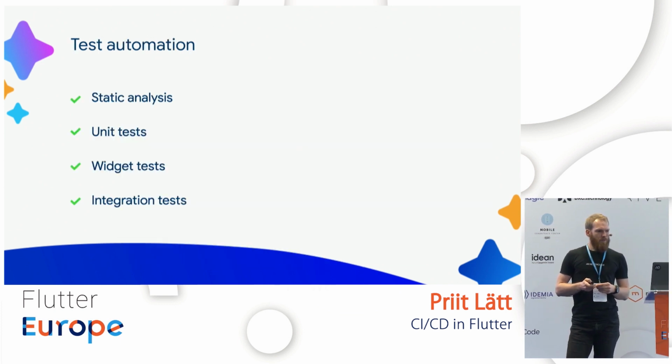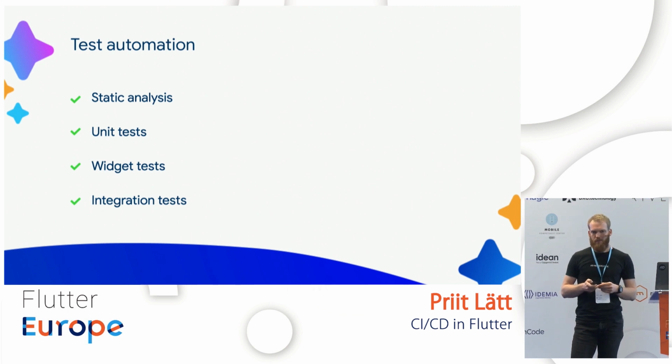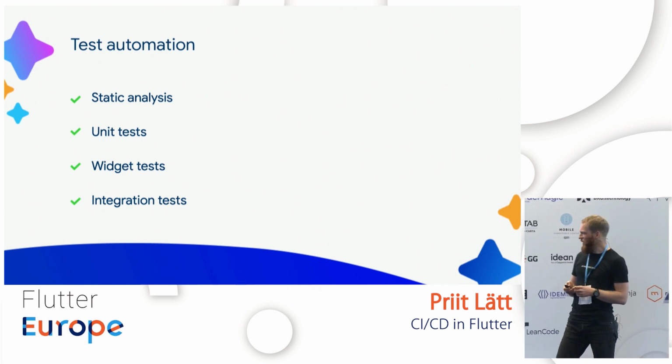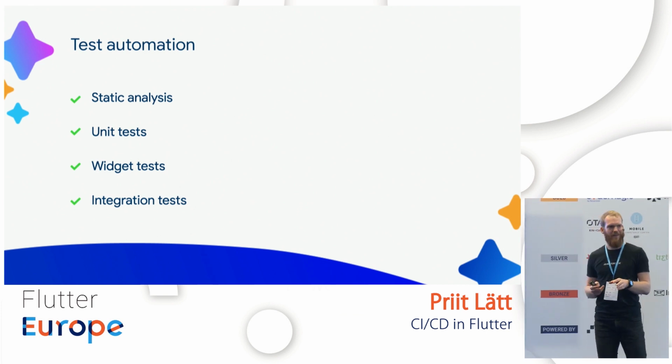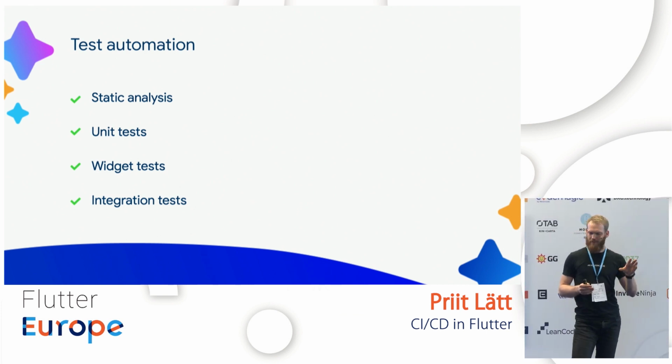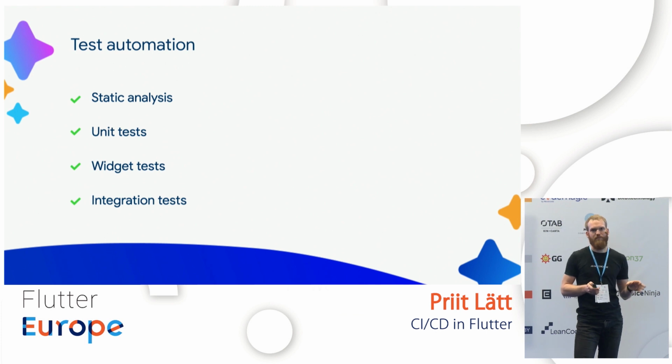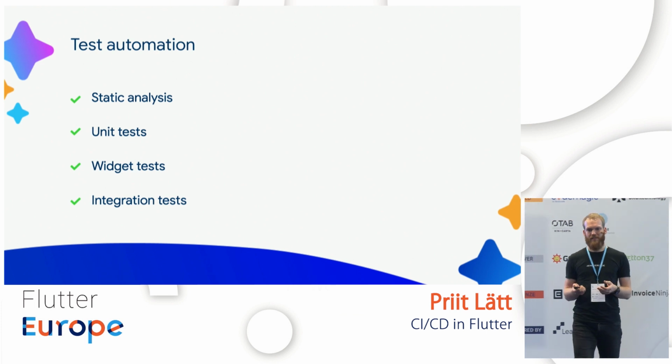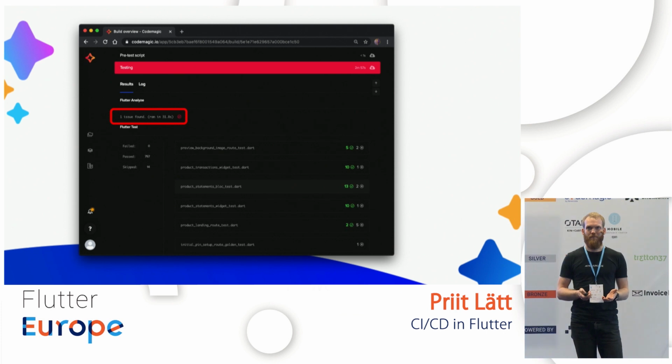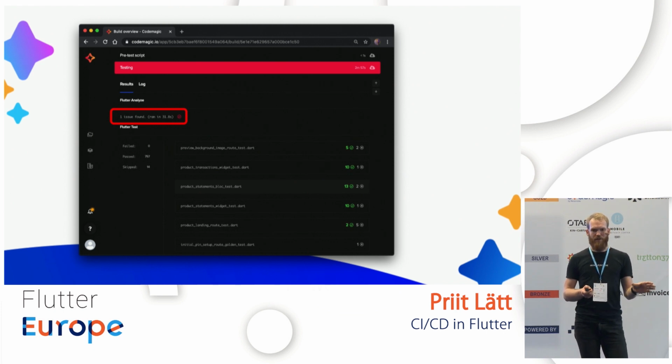And a few words about test automation. Today in the morning there was a thorough talk about testing. I won't dig into the details, but what you should do definitely. First, static code analysis. Flutter comes with the built-in analyzer. There is no reason whatsoever not to use it. It's one command, just basically lints your code, and you get immediate feedback.